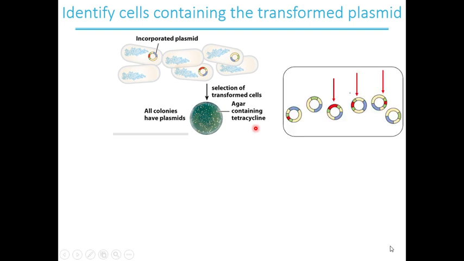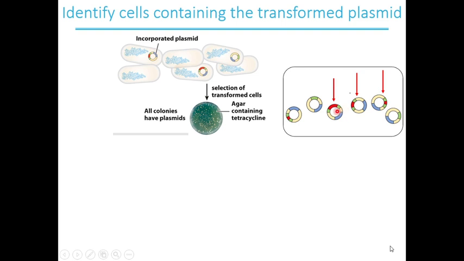The rationale behind this is that not all plasmids that are transformed into the host organism are right, because all those that are shown by these red arrows contain foreign DNA that is flanked between the green regions, which happens to be the ampicillin resistance gene that is disrupted.